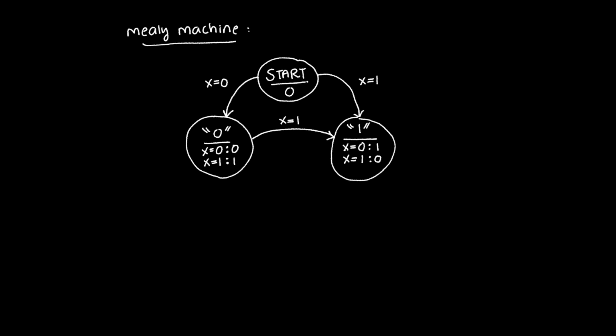I'm going to remain in this state because this is the state for when the last bit I received was a 1. But what I didn't tell you is, if I'm in this state where the last bit I received was a 1 and then I get a 0, then I need to transition back to this state, because this is the state indicating that the last bit I received was a 0.